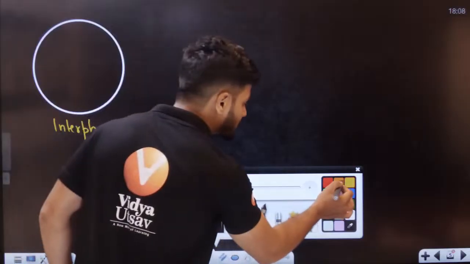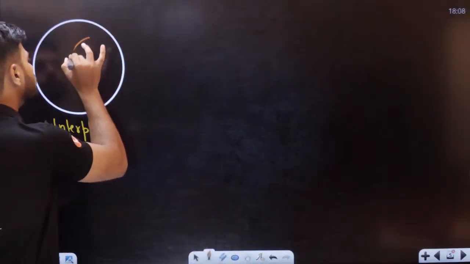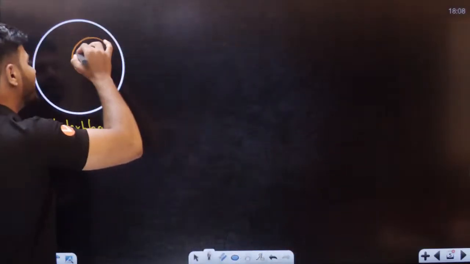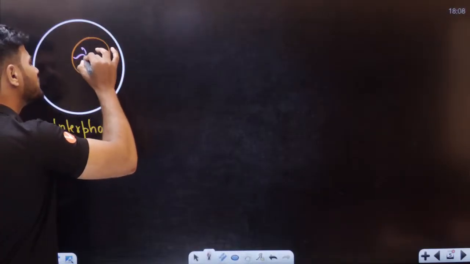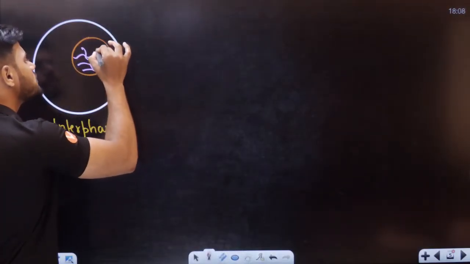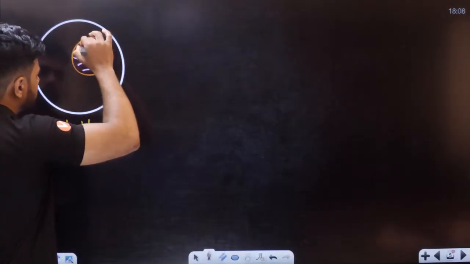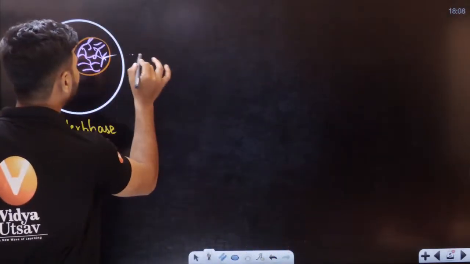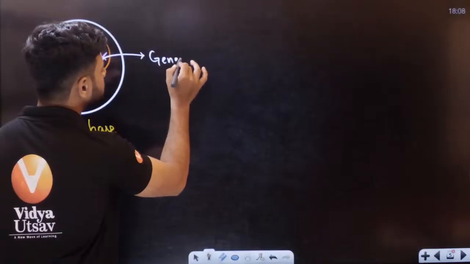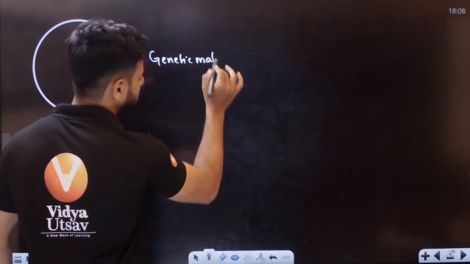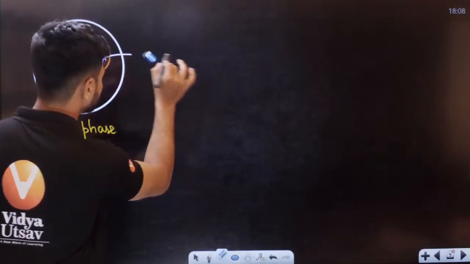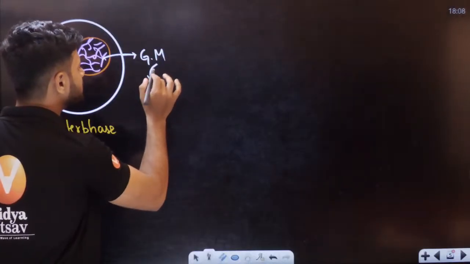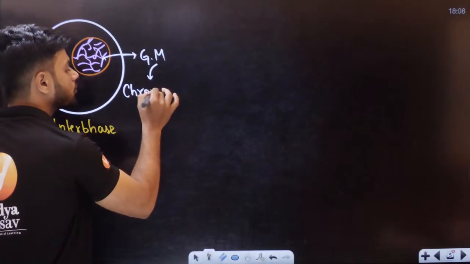As a matter of fact, students, here I have the nucleus. Now, inside the nucleus, the entire DNA is present as a thread-like structure. Can anyone tell me, students, what is this thread-like structure? In the case of interphase, the entire genetic material is present in the form of chromatin.